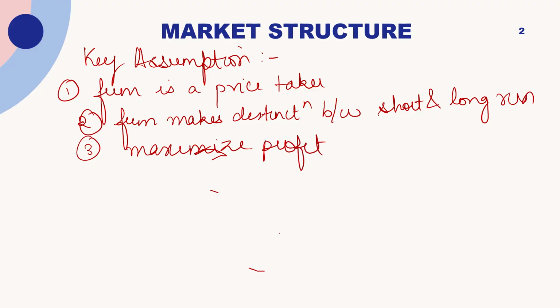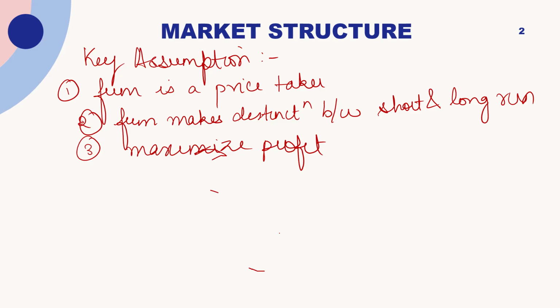And the firm includes its opportunity cost of operations in its total cost of production. What is opportunity cost? We had studied that earlier. Opportunity cost means the cost that you have foregone. That is your opportunity cost, which we include in your implicit cost.